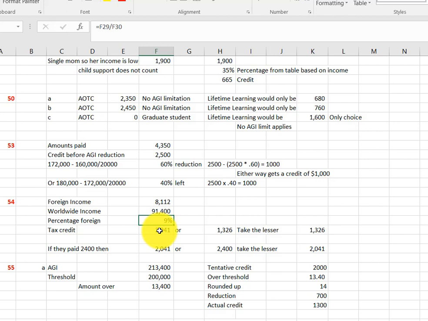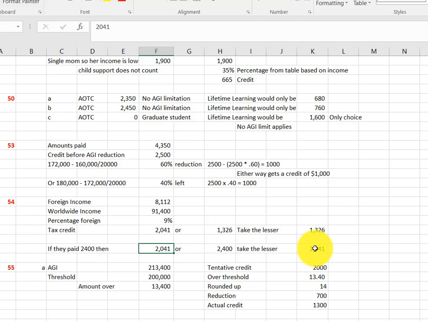So our tax credit is the lesser of 9% of our tax liability or the amount we paid in foreign taxes. So in this case, we take the lesser, and it's $1,326, and that's our credit. If we pay $2,400 in foreign taxes, then we take the lower of the $2,041, or the $2,400.